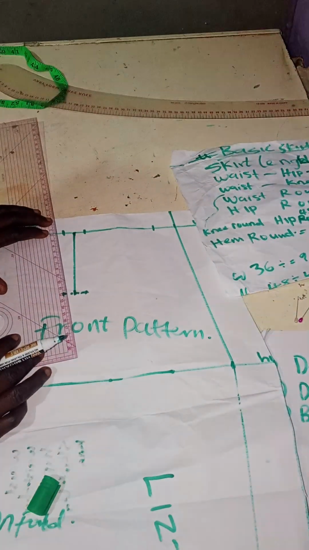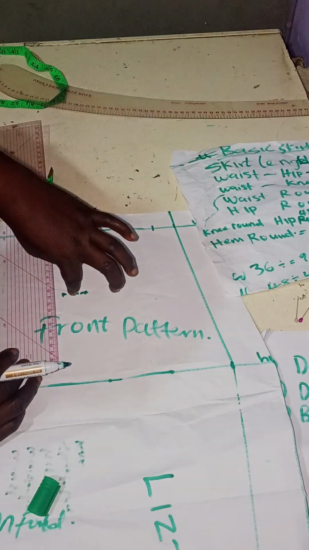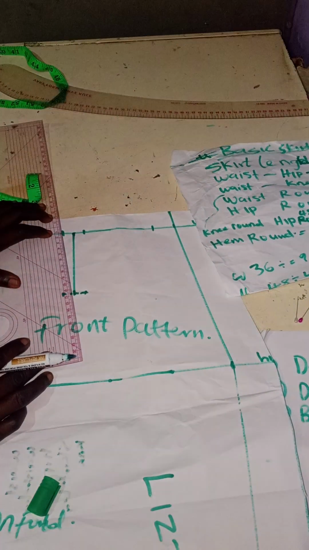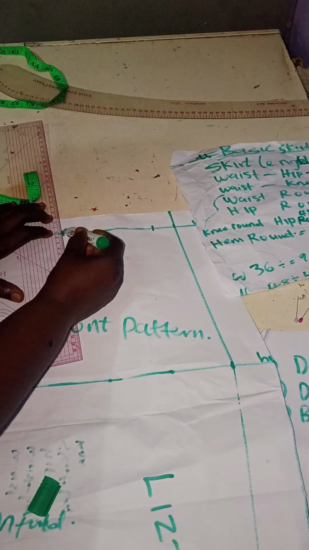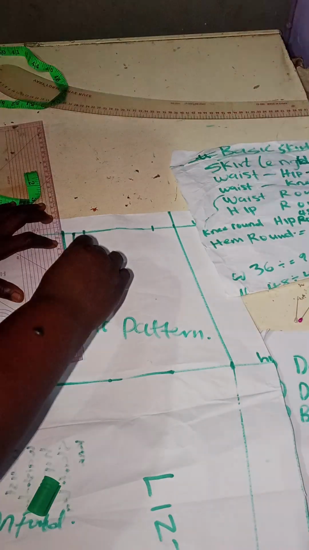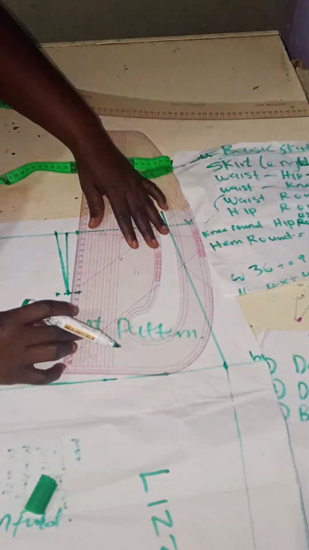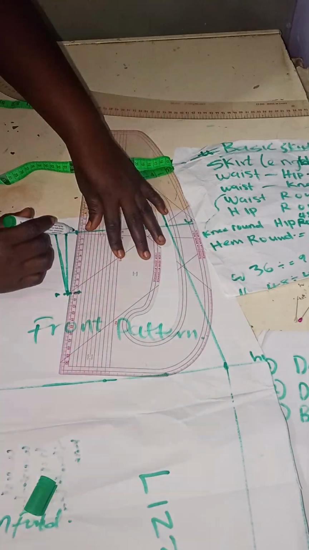I hope you understand. Then after that, these half inches will connect to the middle point of that line. So we connect it like that. The other side too will be connecting this side.